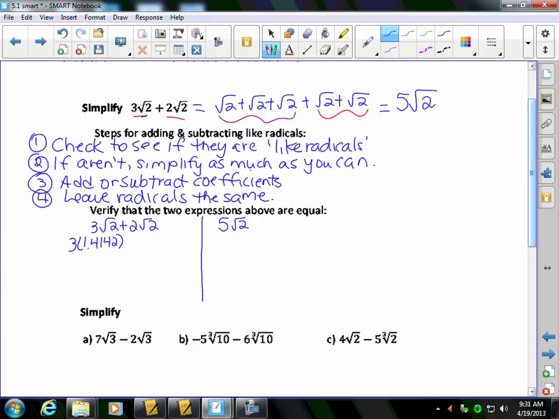That's rounded. And then it'd be plus 2 times 1.4142. So 3 times 1.4142 is 4.2426. And 2 times 1.4142 is 2.8284, which is 7.071, rounded.